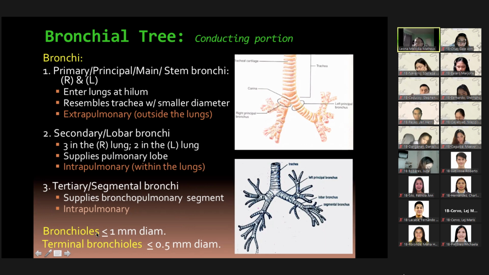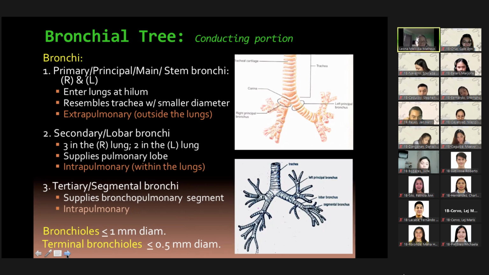But after the bronchiole, we have the terminal bronchiole, which now measures equal to or less than 0.5 millimeter in diameter. So, this is now the sequence of our division of our conducting portion, or what we call the lower respiratory tract. Again, these are the parts that we will see in a little while.